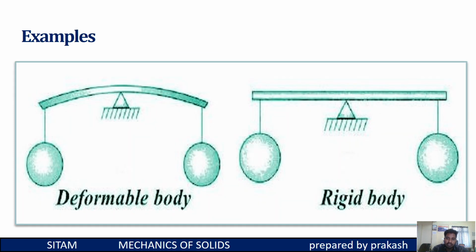Here is the best example for a deformable body and a rigid body. So this is the rigid body. Under the action of these two forces, two loads, the body remains the same. If we increase the load, the body will still remain the same. If we increase the load beyond what is bearable, it will fail into two parts without exhibiting any deformation.